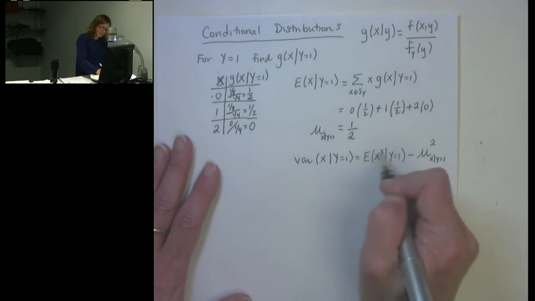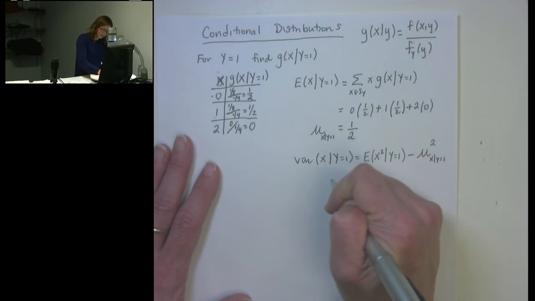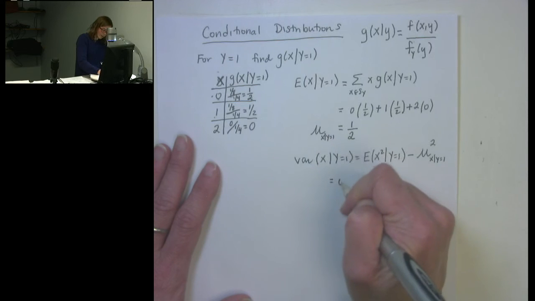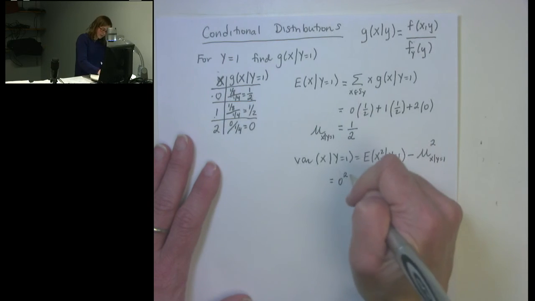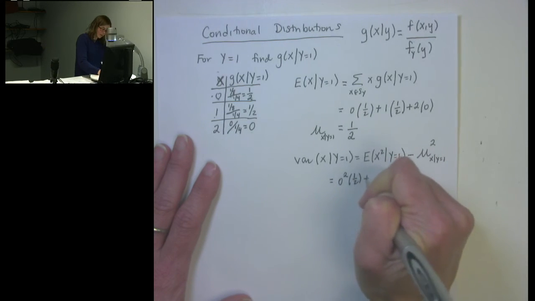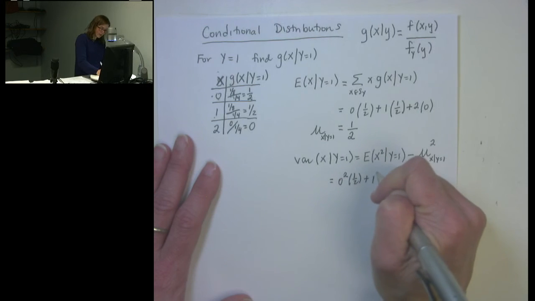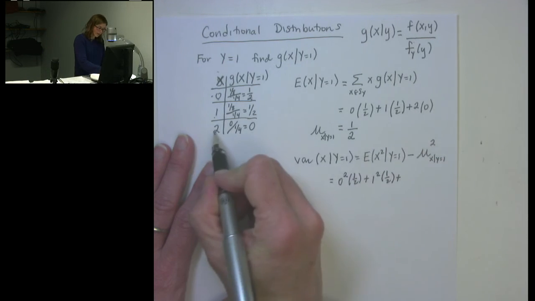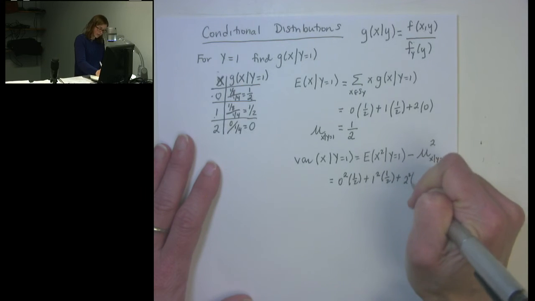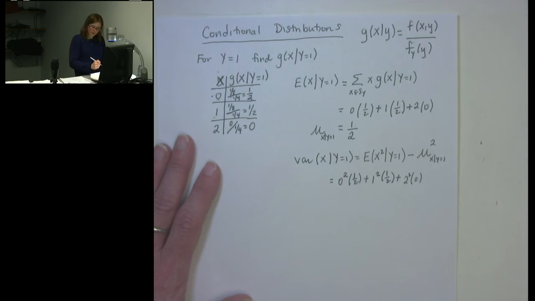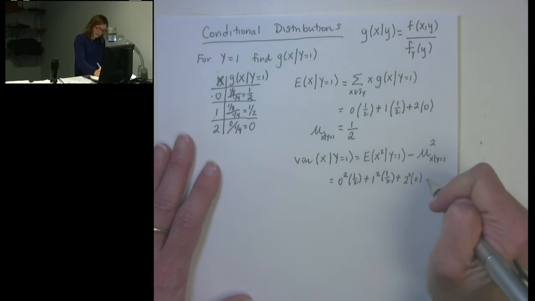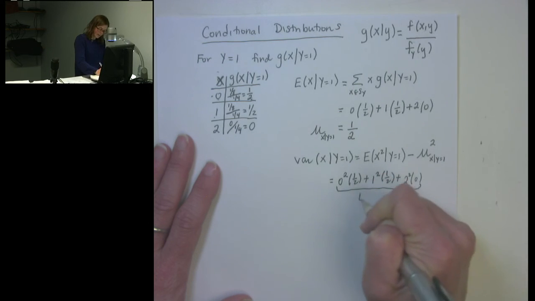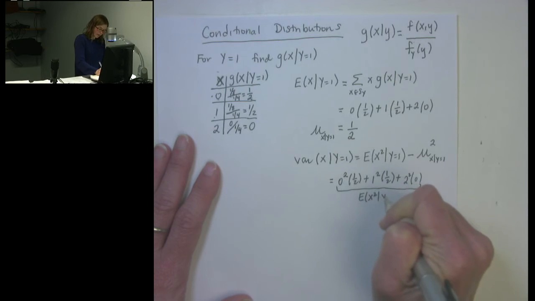So to find the expected value of x squared, I'm going to take my x squared, so 0 squared times 1/2 plus 1 squared times 1/2 plus 2 squared times 0. Then that's going to give my expected value of x squared given y equals 1.